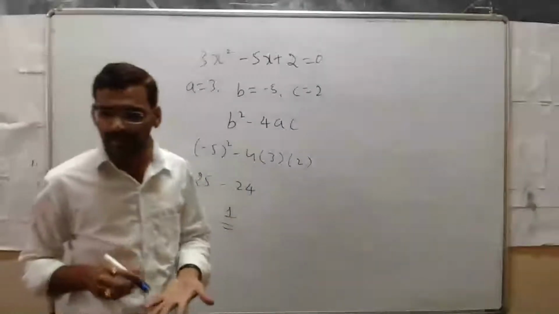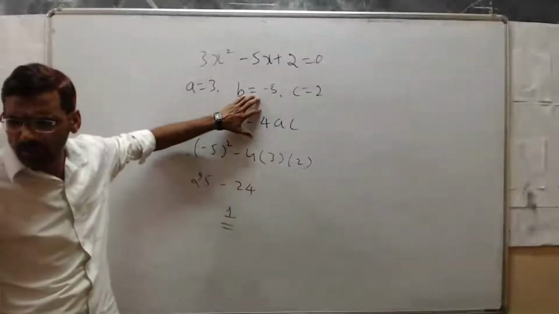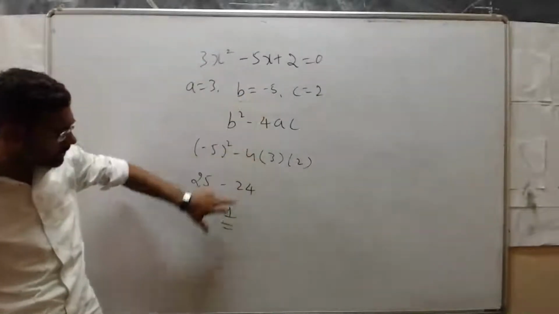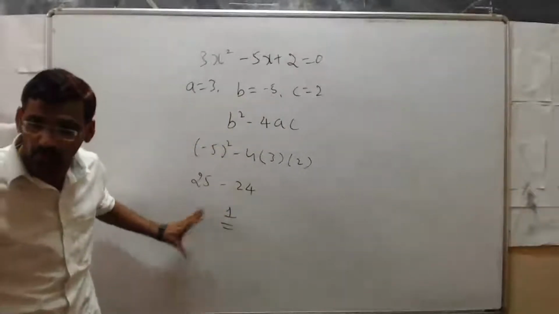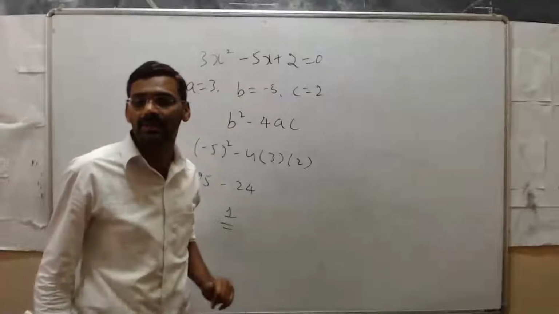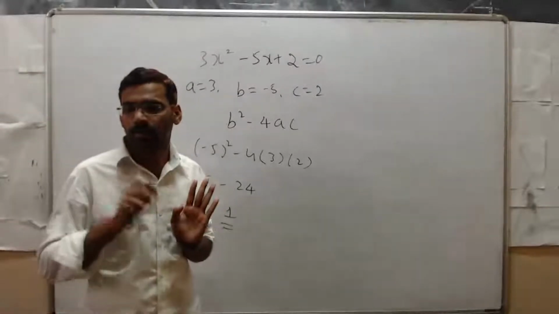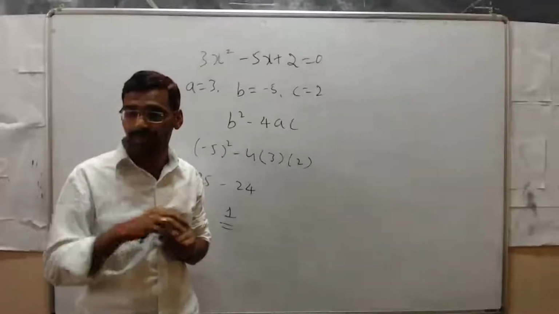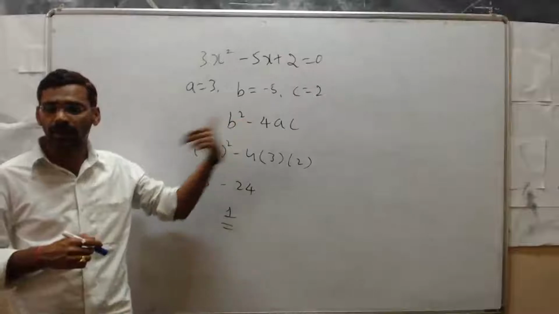Then how can we decide? Students, if the b square minus 4ac value is positive, then roots exist. If negative, roots do not exist. It's a simple way to decide whether roots exist or not. First we substitute the values of a, b, c in b square minus 4ac.